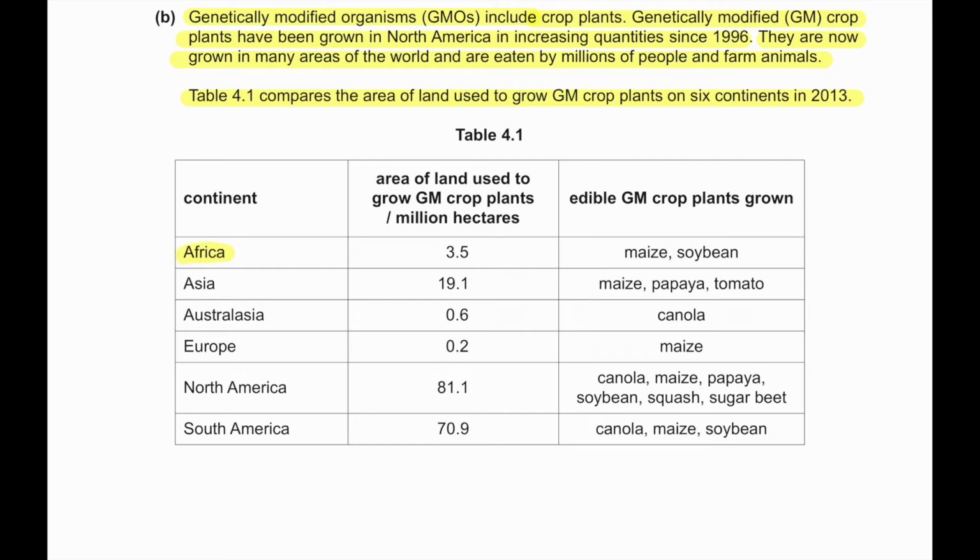Africa: area of land used to grow GM crop plants in millions of hectares, 3.5. Edible GM crop plants grown: maize, soybean. So we can see that in Asia there is 19.1, 0.6, Europe 0.2, 81.1, 70.9.